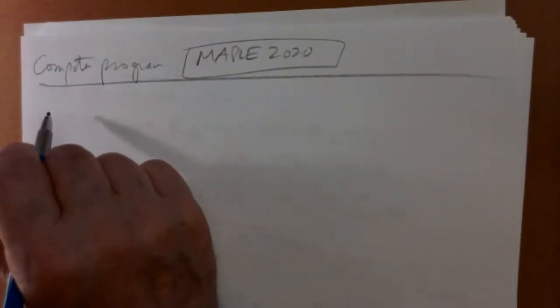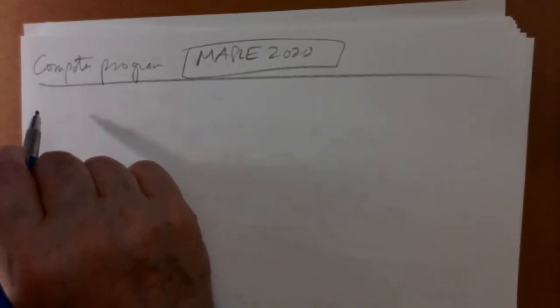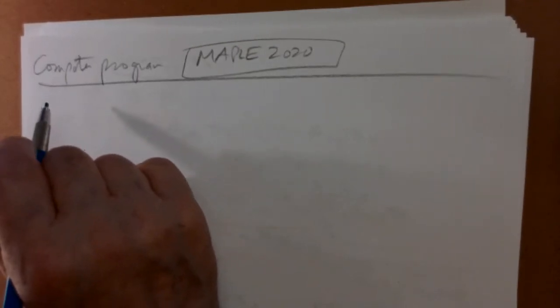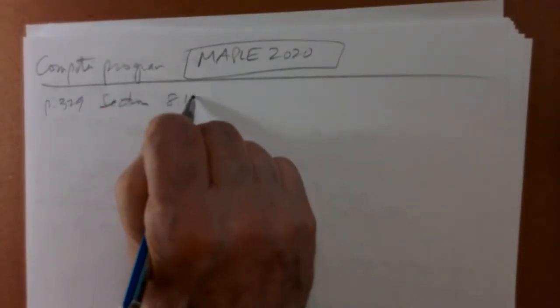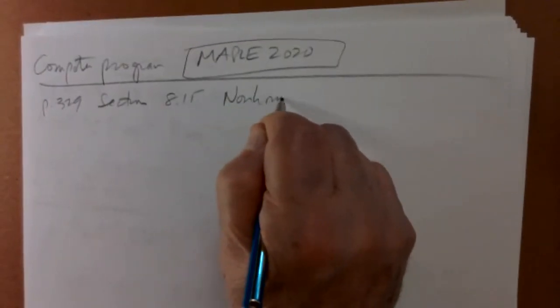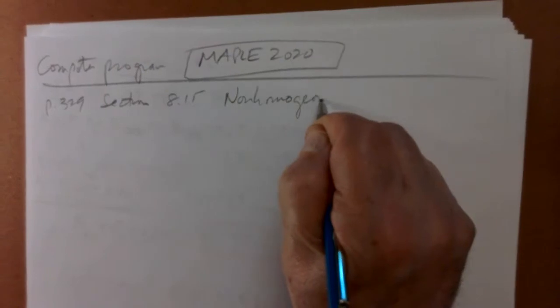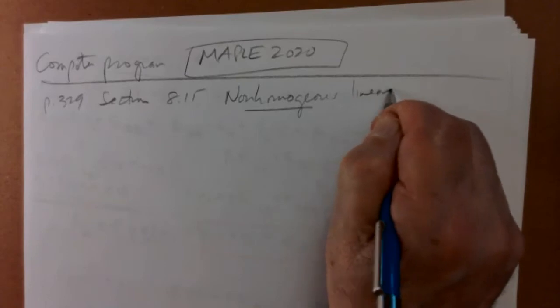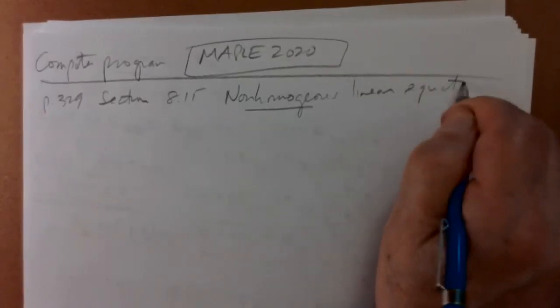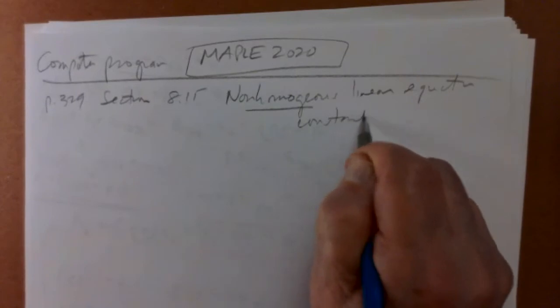So in the notes, I scanned and emailed out some notes just before class started, and I also posted them on Blackboard. This is in the notes, starting on page 329, section 8.15. This is non-homogeneous linear equations with constant coefficients.